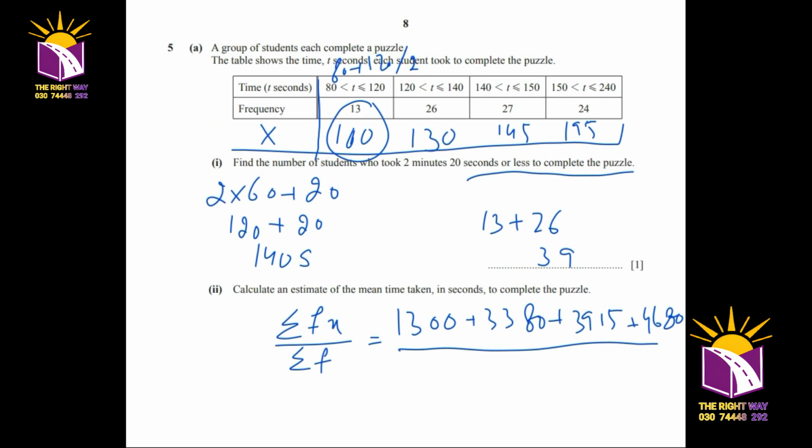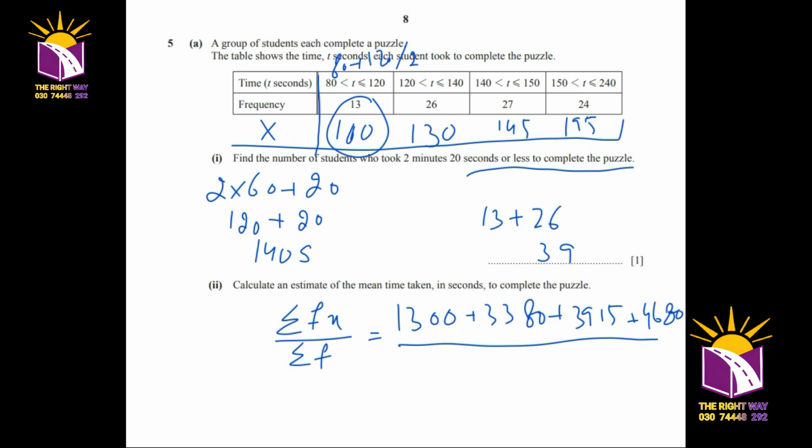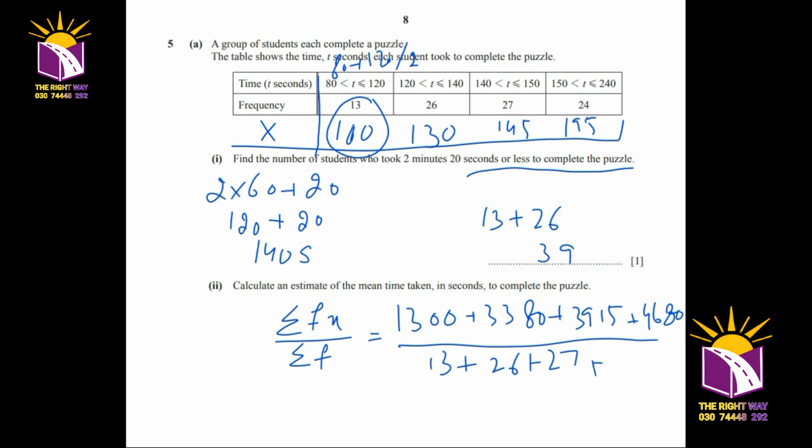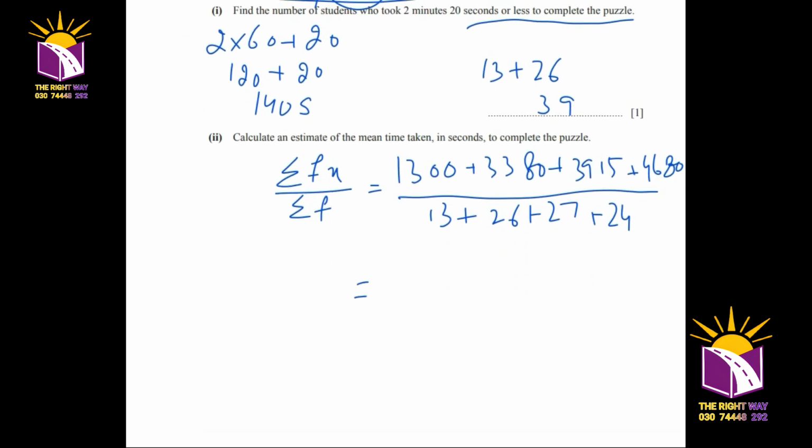What is the total frequency? The total frequency is 13 plus 26 plus 27 plus 24, and it is 90. The total of fx will be equal to 1300 plus 3380 plus 3915 plus 4680, which will be 13275.